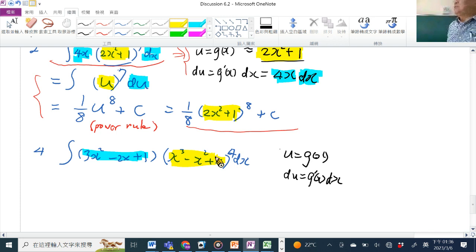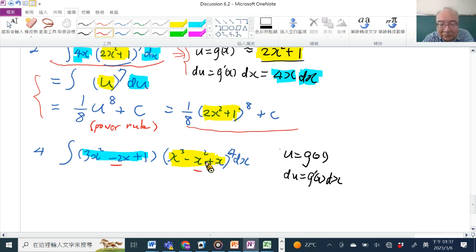So the derivative, we have negative 2x. So we do have that term, right? And the last one, we have x. After derivative is 1. So we check term by term and found that is the case. Inside the parentheses, if we use it as the g of x, then outside the parentheses happens to be g prime.